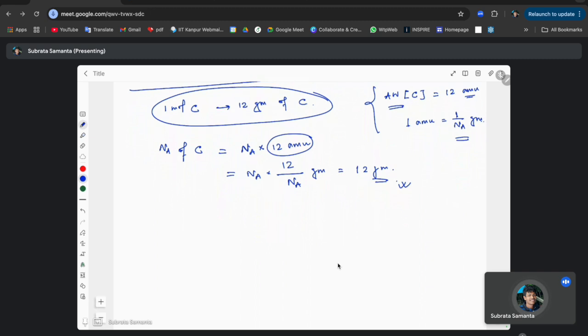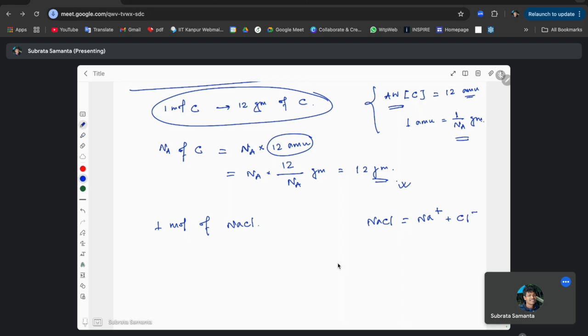So similarly, if you calculate 1 mole of NaCl, what is the formula weight of NaCl? NaCl is a compound, Na plus and Cl minus.